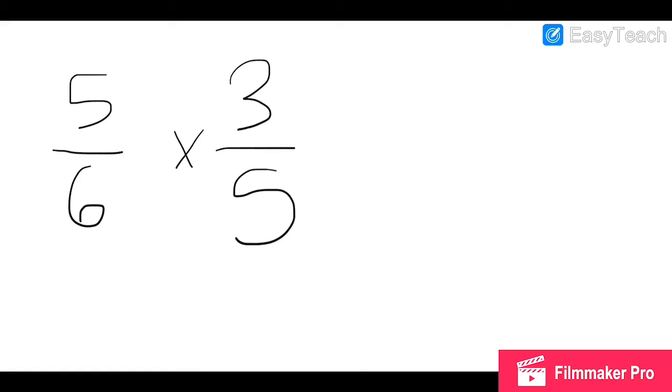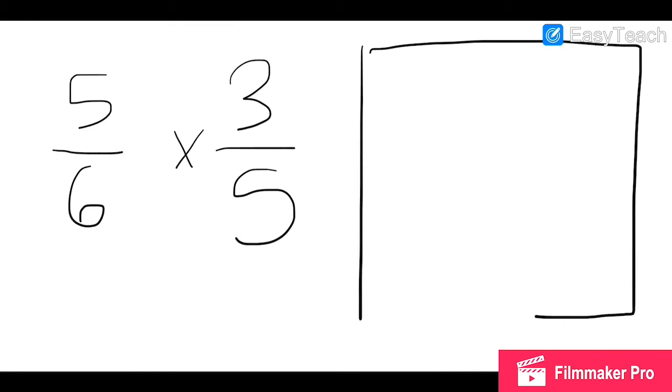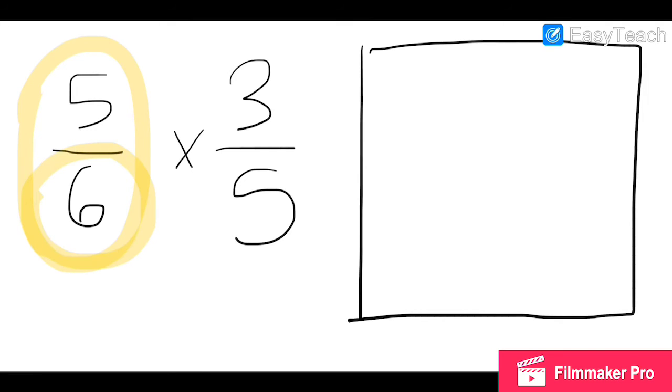Let's try another one. 5/6 times 3/5. First, I'm going to try my area model. Here I've drawn my big box, and I know that I'm going to focus on just this 5/6 at first. I know that I need to split the square into 6 because 6 is my denominator.